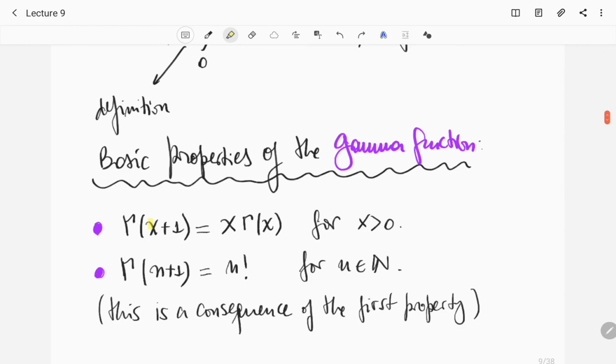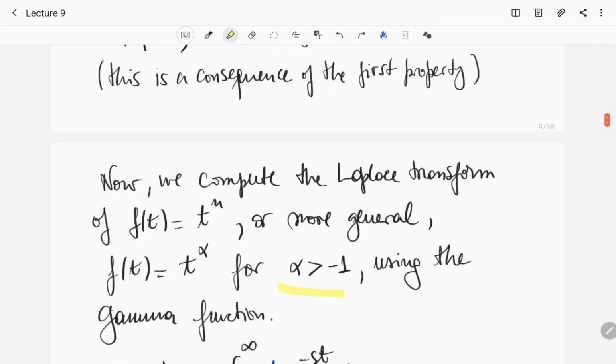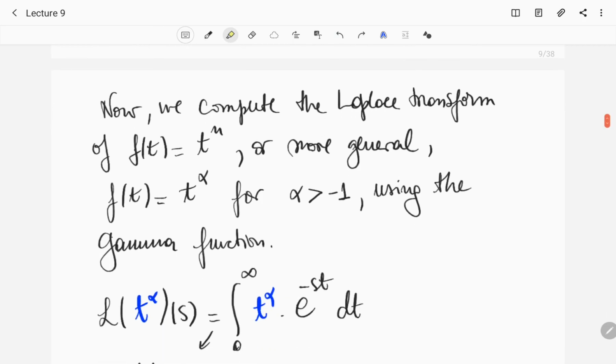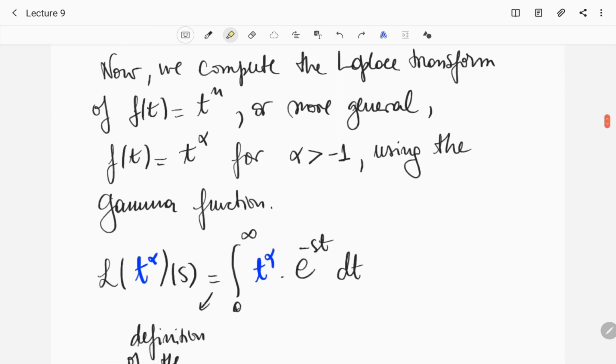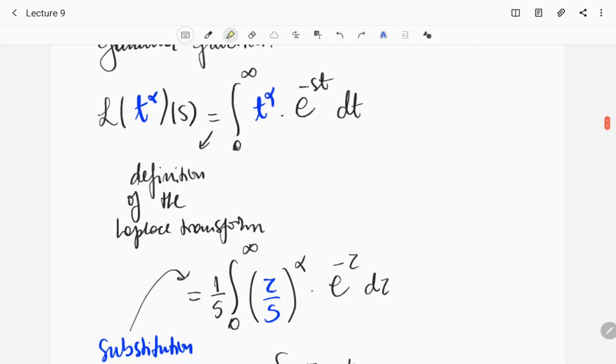So if we want to compute the gamma function at a number plus 1, we need this number plus 1 to be positive, and that's why our alpha will be greater than minus 1. Then alpha plus 1 is positive. Okay, so using the gamma function for this more general function, t to the power alpha, again, the definition is just put the f here.